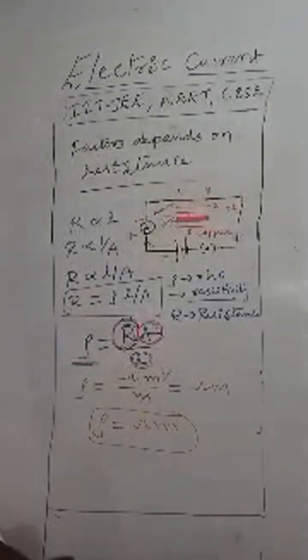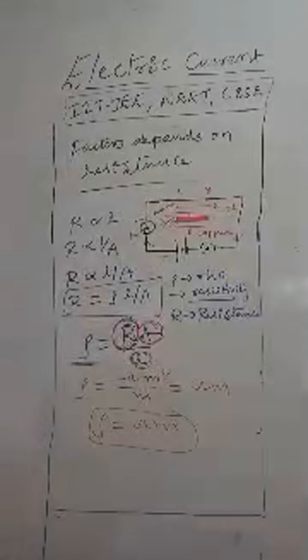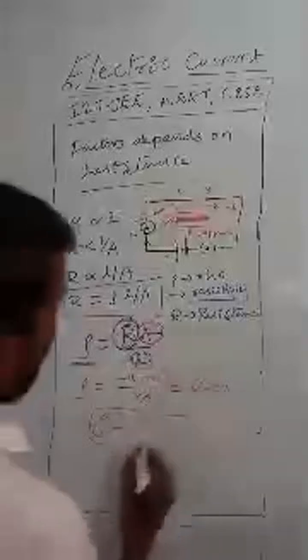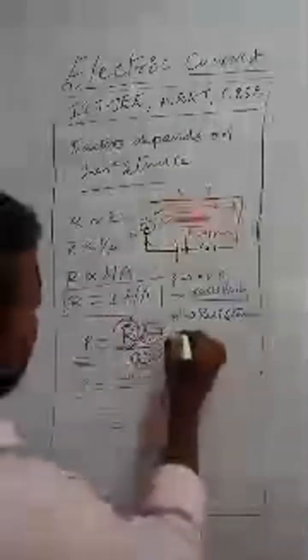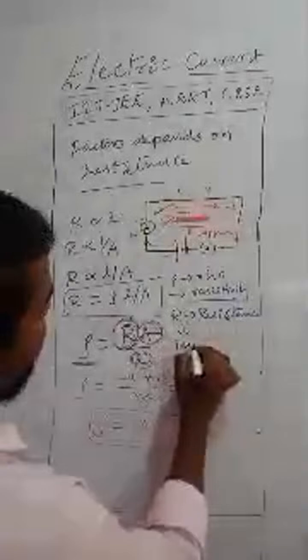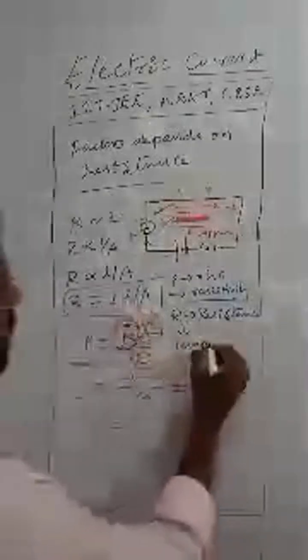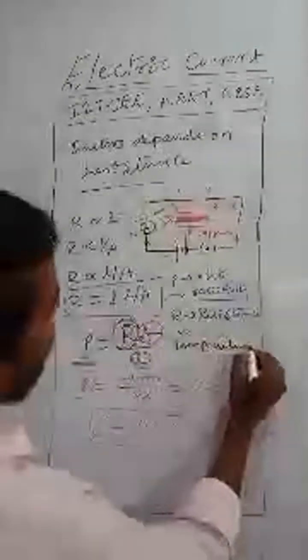So clear? I hope it is very clear to you. This is about the factors on which resistance depends. Resistance depends on temperature, not only length and area, but temperature and also the nature of the material.